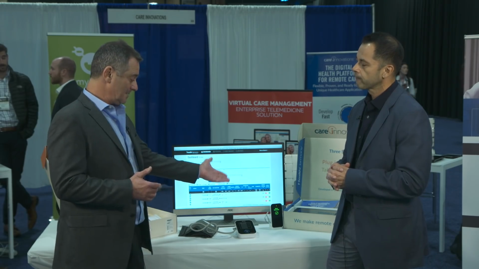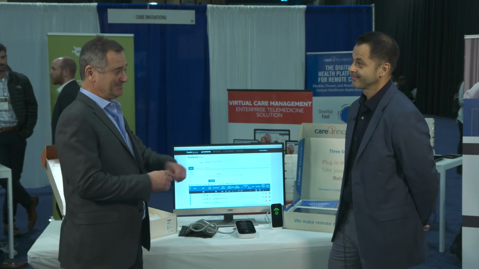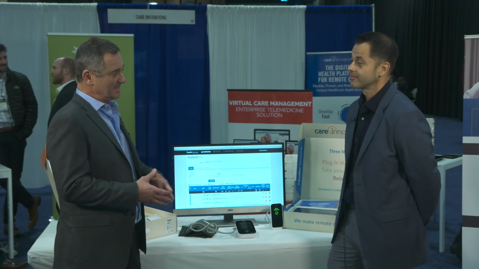They may move away from a session that they're doing every day to just being able to capture their vitals and being notified: it's time to take your blood pressure, it's time to take your pulse ox, it's time to capture your weight. So this capability, leveraging the fabric of Intel, partnering up with Care Innovations, really allows us to do that. Right, and of course the hub is for the simple: take your blood pressure, step on the scale.